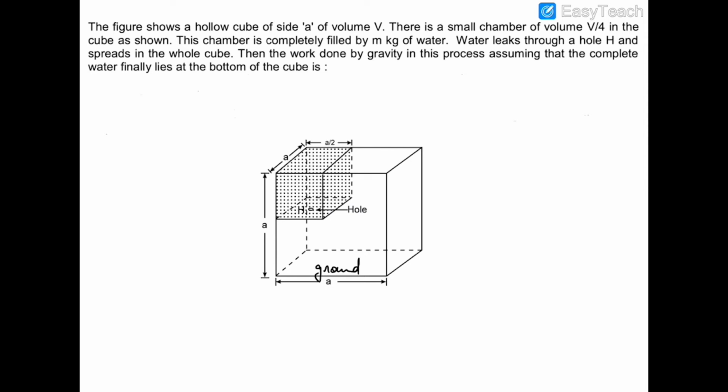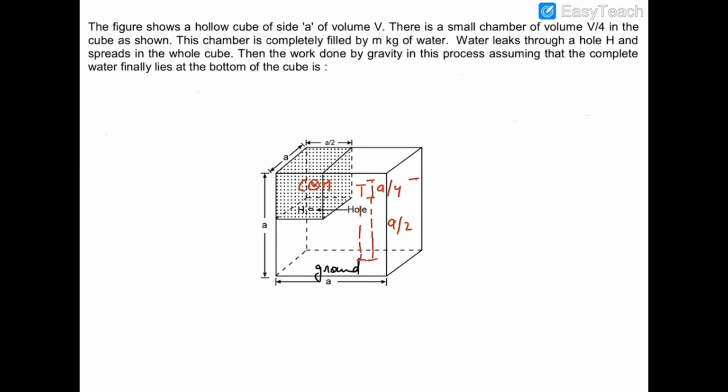Now we are assuming this base of the bigger cube as the ground, and therefore in these kinds of questions we locate the center of mass and we find out the potential energies. So this height will be A by 4 and this height will be A by 2.